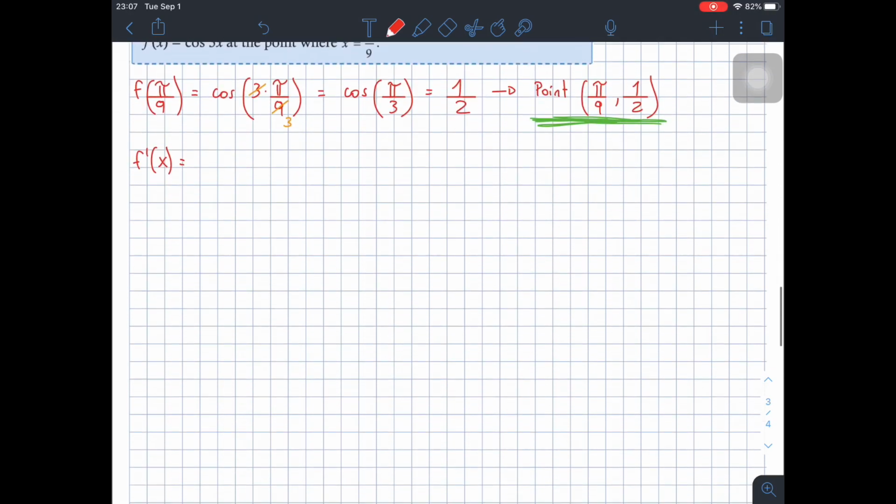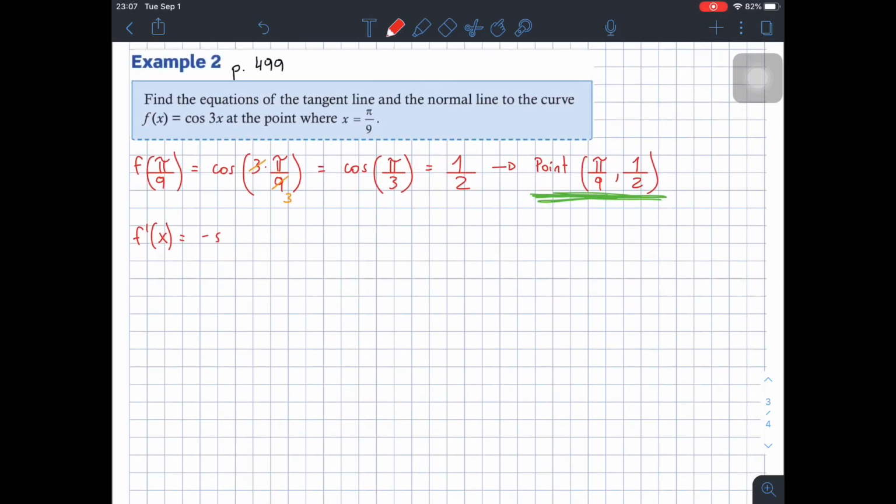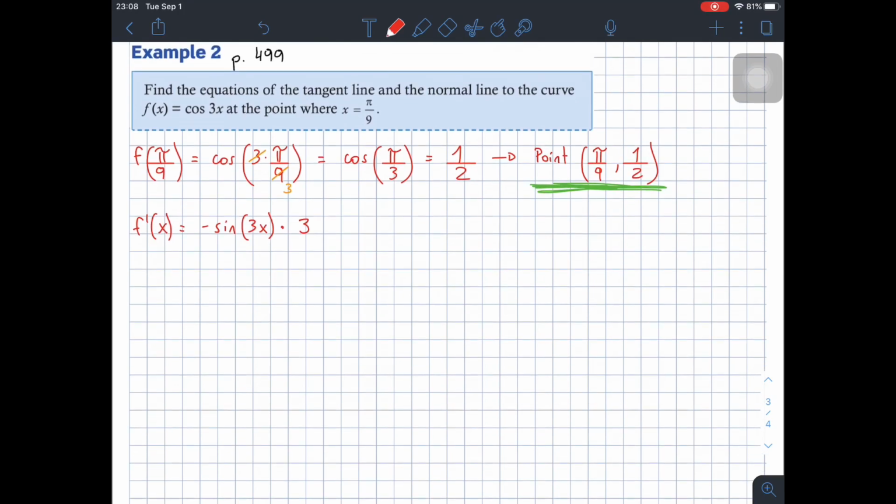So this is equal to negative sine of 3x. We keep the angle the same, and we multiply this by the inner derivative of the function 3x, and the derivative is just 3, right? So this is the same as saying negative 3 sine of 3x.